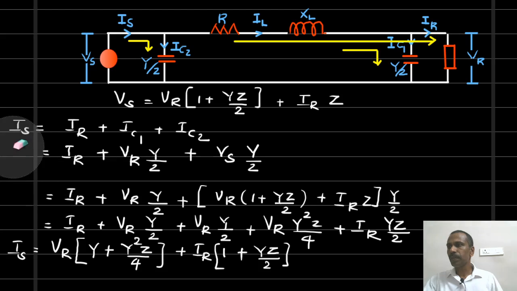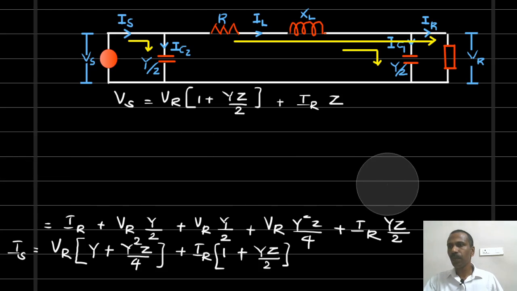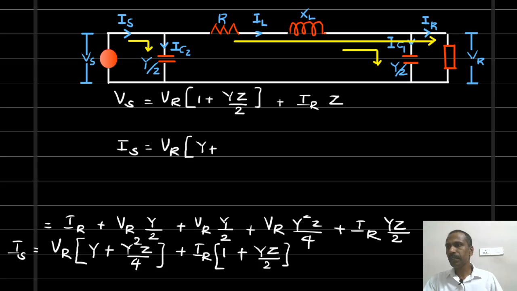So now we got the sending end current also in terms of the receiving end voltage and the receiving end current. So we can write Is is equal to VR into Y plus Y square Z by 4 plus IR into 1 plus YZ by 2.